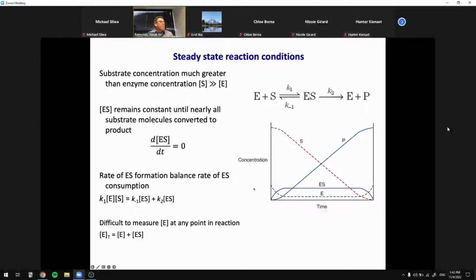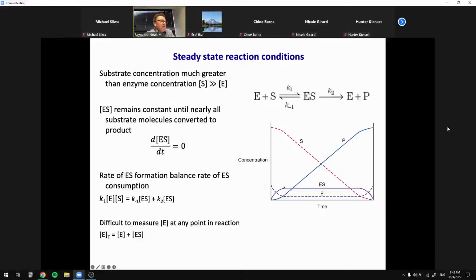When we actually look at enzyme kinetics and try to study them, it's difficult to study them at those points where we're increasing substrate concentration. So if we're going to look at just the overall how the enzyme's working, we work under steady state conditions.